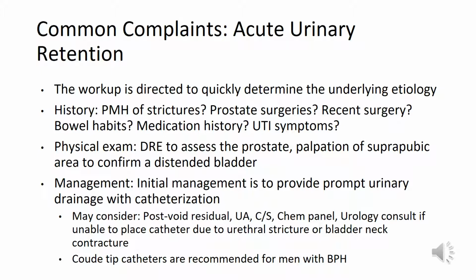A physical exam should include a digital rectal exam to assess the prostate, also palpation of the suprapubic area to confirm whether or not a distended bladder is palpable. Initial management includes prompt urinary drainage with a catheterization. So prior to that, I would recommend doing a post-void residual to make sure that the patient is in fact retaining urine.